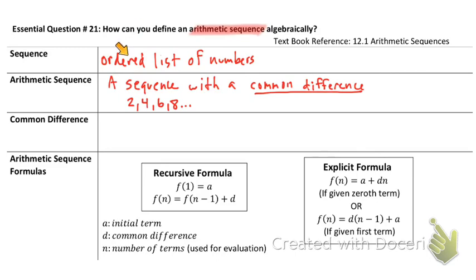Okay? Pretty simple how we get from 2 to 4, from 4 to 6, 6 to 8. This is my list of numbers. You should be able to see the pattern. This is an example of an arithmetic sequence.